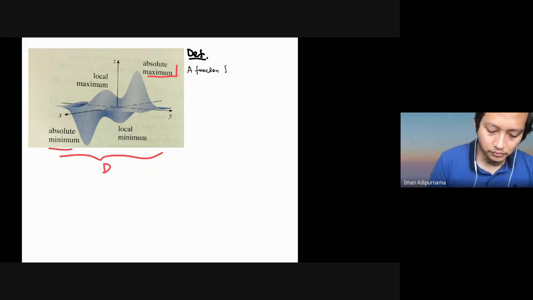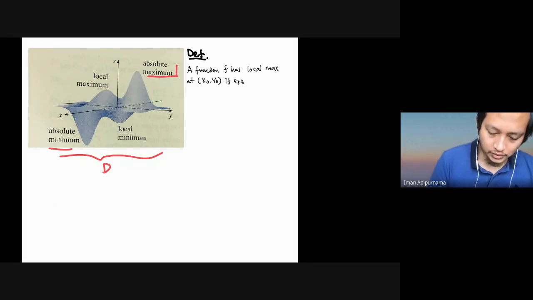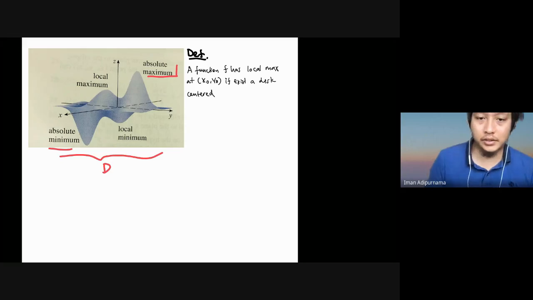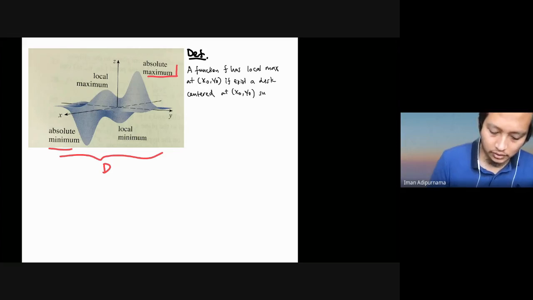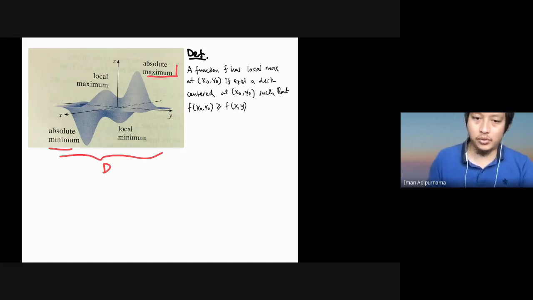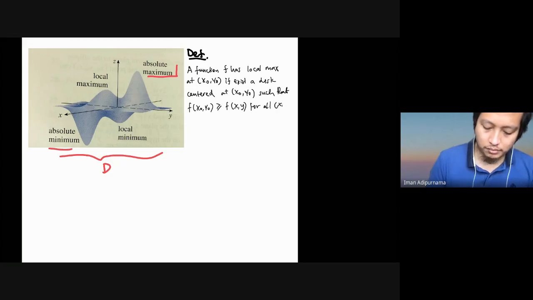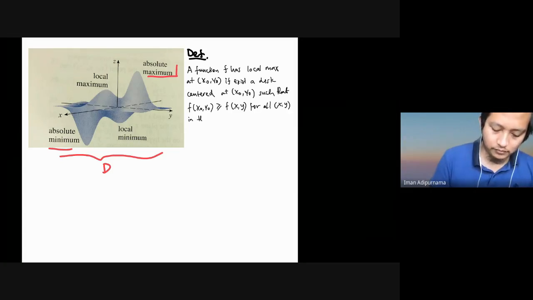A function f has a local max at some point if there exists a disk, so the disk is like an interval that we want to observe, centered at the point that we are going to check, and we have the conclusion such that the function at that point is greater than or equal to the function at all nearby points x and y. And this is local max.